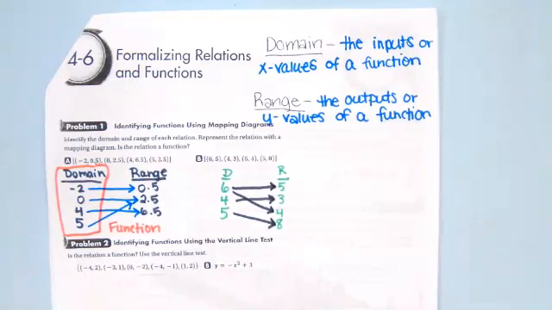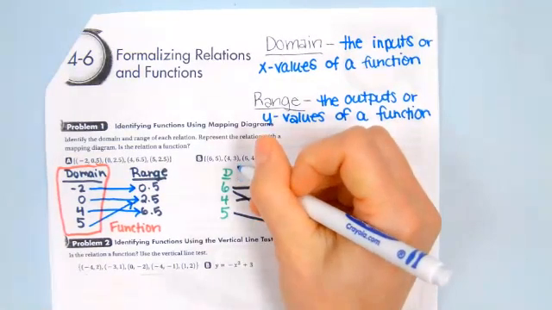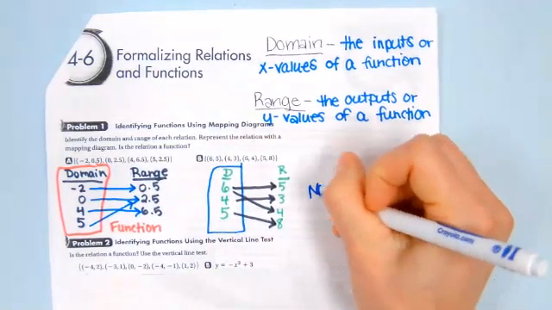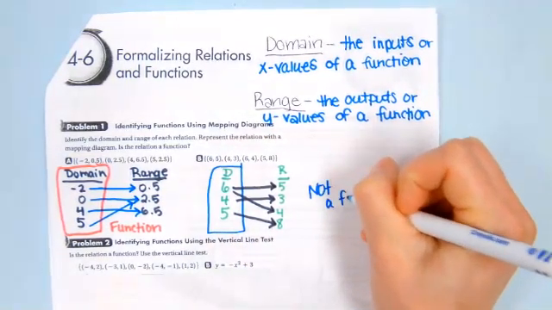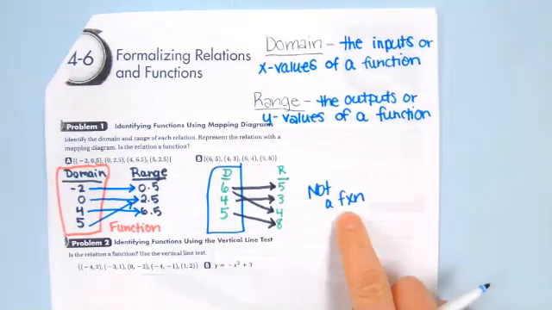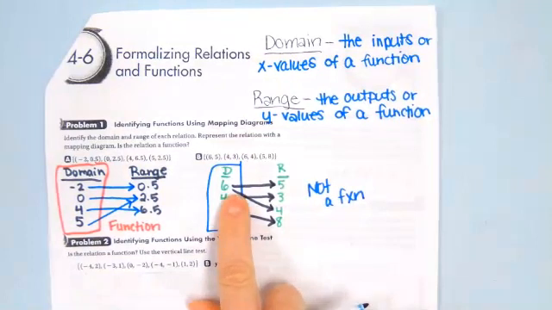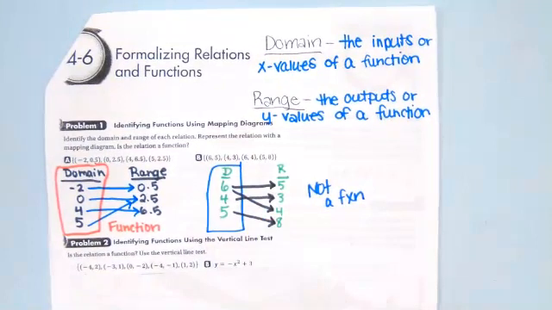Okay, so if I check my domain side, is this a function, yes or no? No. This is not a function. What value, and function you can abbreviate fxn, what value makes it not a function? 6. 6 maps to both 5 and 4.